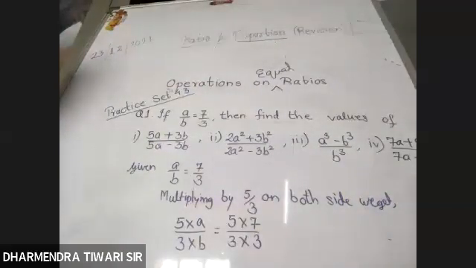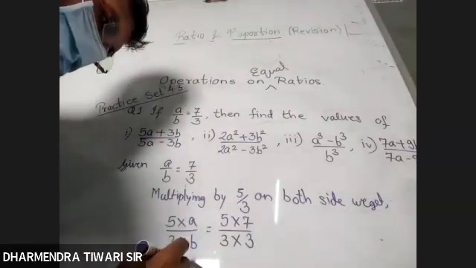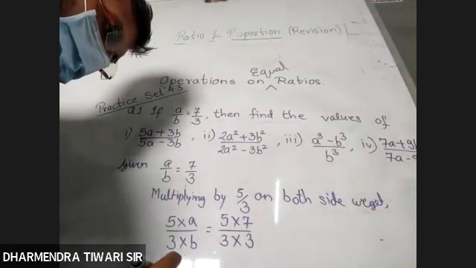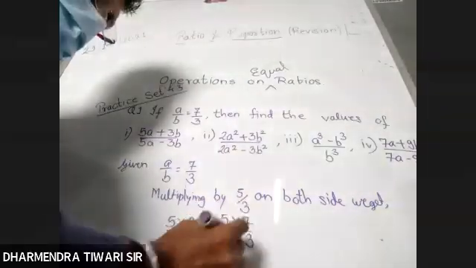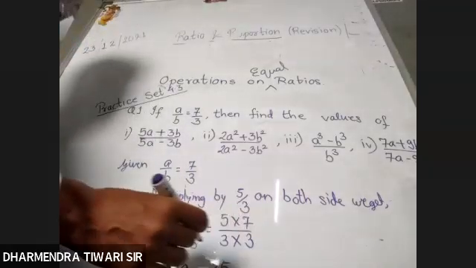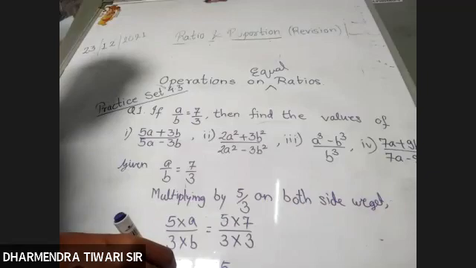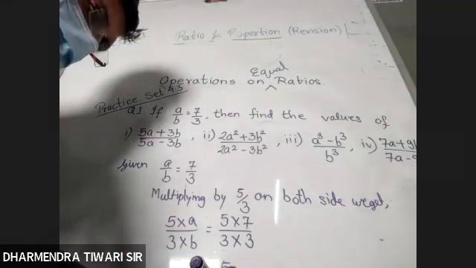So what will you get? 5a upon 3b is equal to 5 sevens are 35 divided by 3 threes are 9.